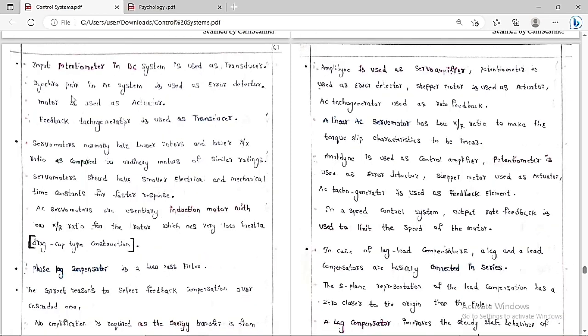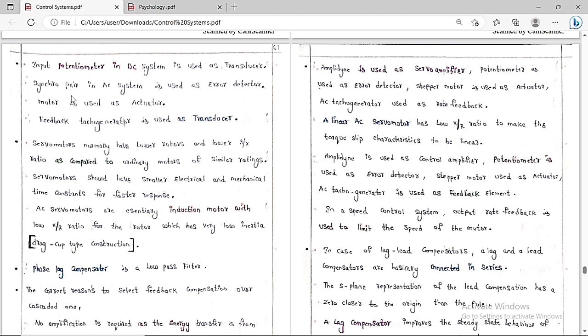We can say some more points. The input potentiometer in a DC system is basically used as a transducer, whereas the synchro pair in an AC system is basically used as the error detector, whereas the motor is basically used as the actuator, whereas a feedback type of generator is also used as a transducer. So what is the meaning of transducer? Transducer means if any physical quantity is converted into an electrical quantity, that is called a transducer.